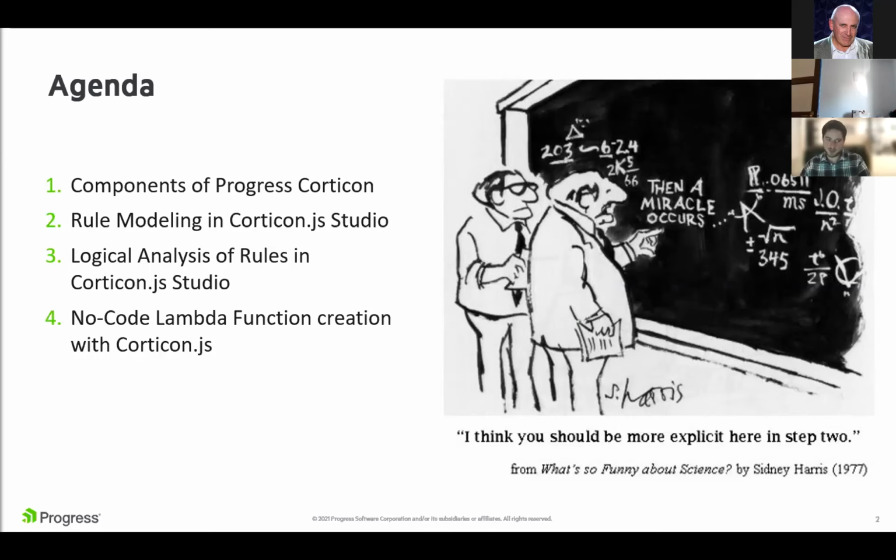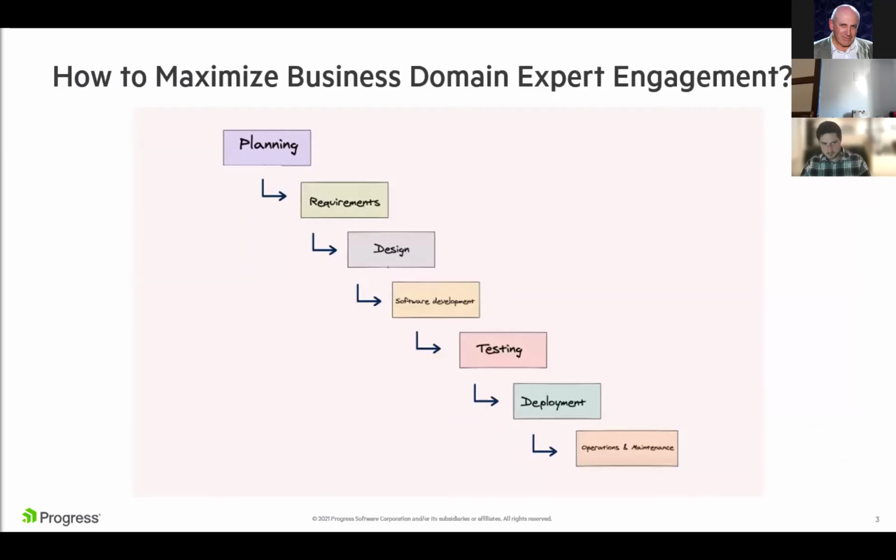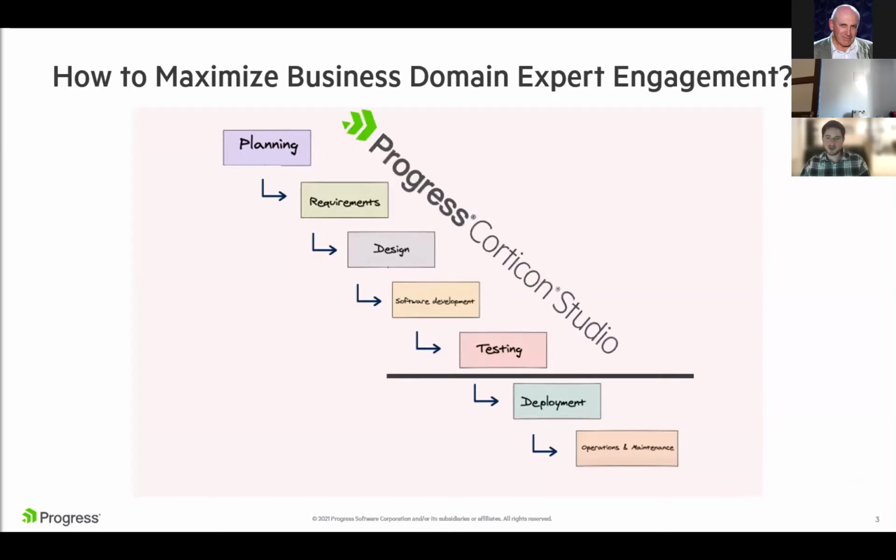I'll talk a little bit about the components of Corticon JS, as well as the output, which was ultimately a Lambda function, and the Postman collection that you can retrieve from the DM community website and actually test locally for yourself. So with Corticon, just to get an idea of how we delineate the implementation of business rule projects, essentially we're going to handle all of those initial stages within this rule modeling environment called Corticon Studio.